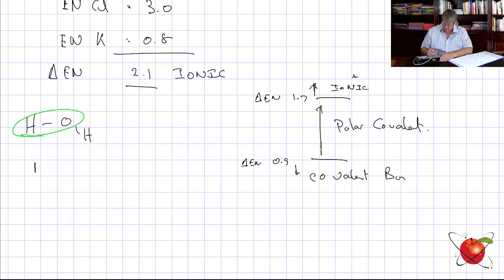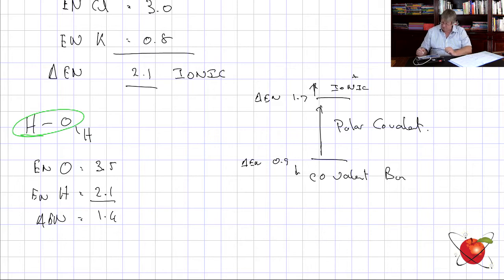So we say, right, electronegativity of oxygen, and I've got it down here, is 3.5. Electronegativity of hydrogen is equal to 2.1. Delta electronegativity is equal to 1.4. Okay? Therefore, where does it put us? It puts us over here.